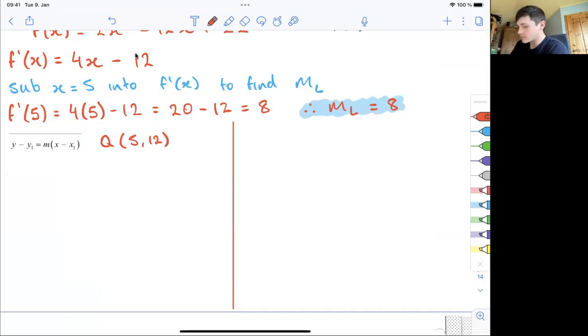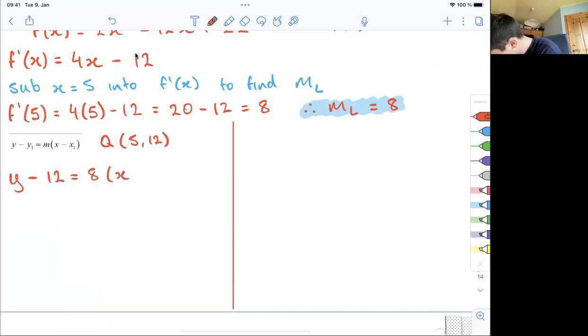We'll go y minus, so 12 is going to be our y1 for this formula. We go y minus 12 is equal to 8 multiplied by x minus x1, and x1 is going to be 5, so 8 multiplied by x minus 5.